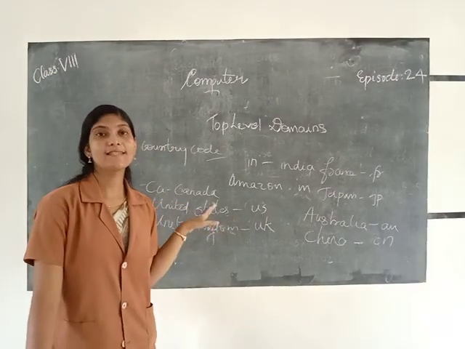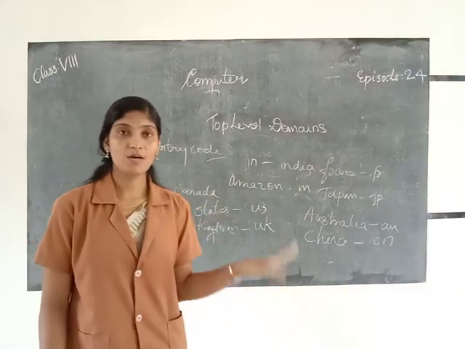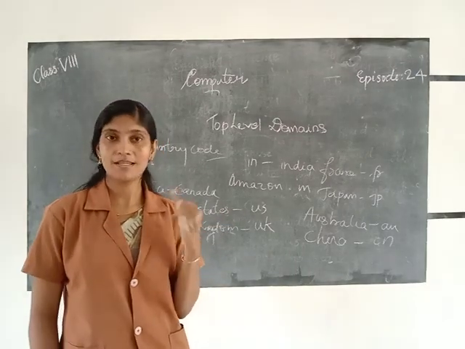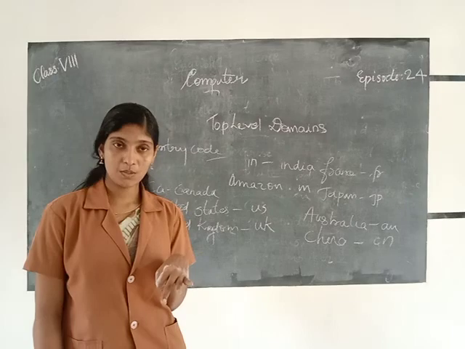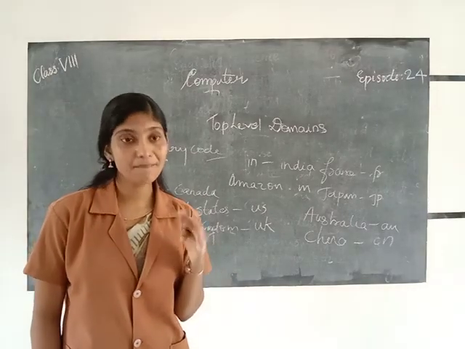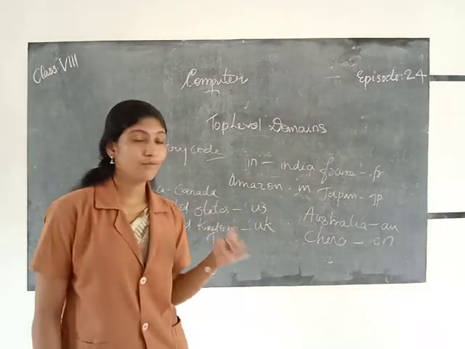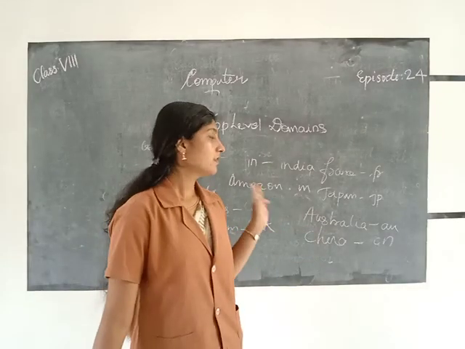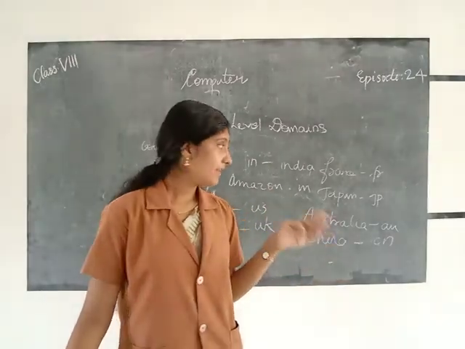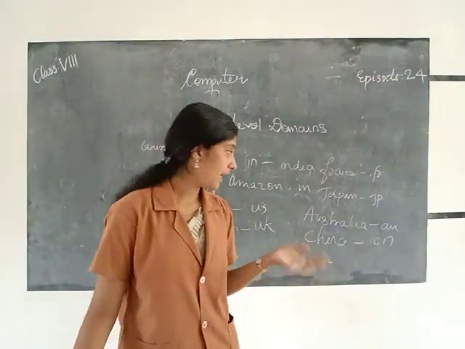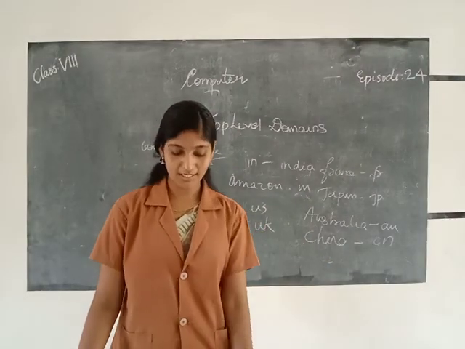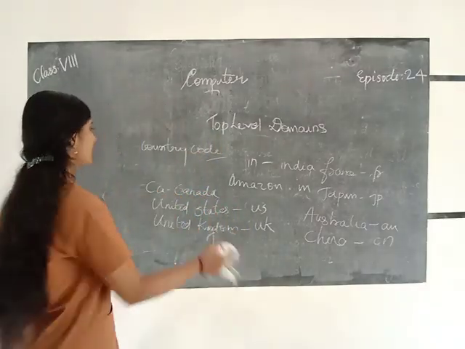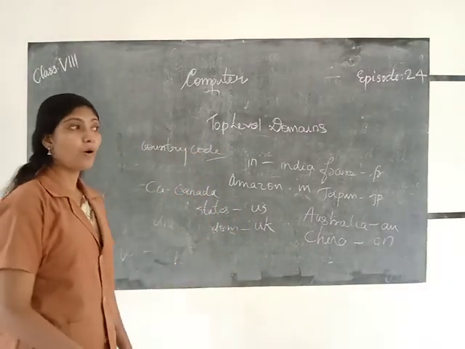And next we discussed country codes: .in for India, .us United States, .uk for United Kingdom, .ca for Canada, .au for Australia, .jp for Japan, .fr for France, and .cn for China. Then moving to the next topic, that is VoIP.